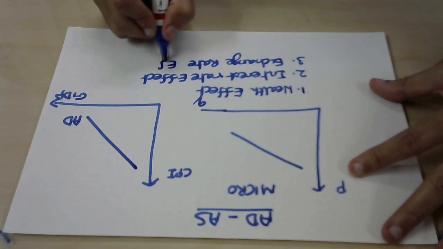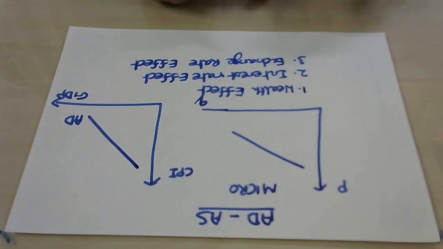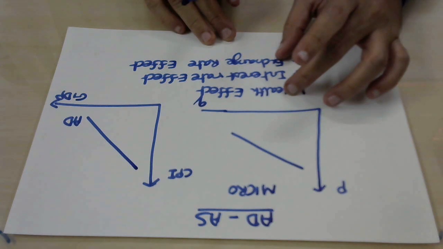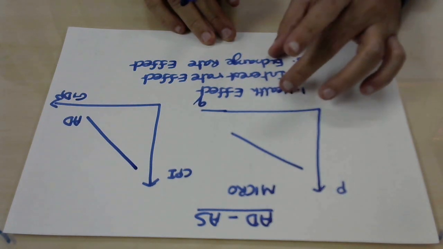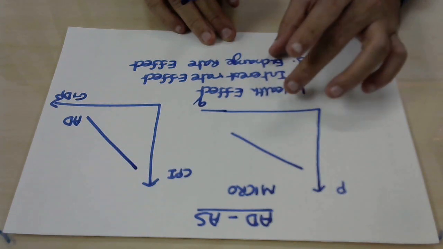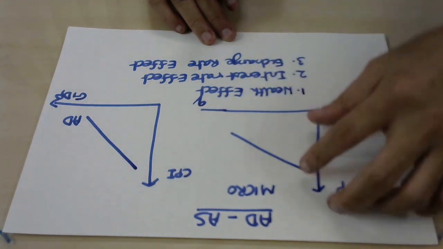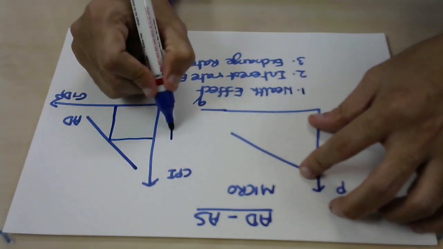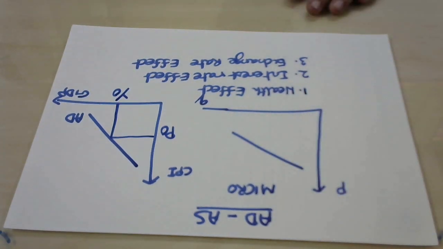Now let us discuss each of these in some detail. Each of these three effects brings about how GDP behaves when the overall price level or the average price level undergoes a change. Suppose initially the price level was P0, which corresponded to an output level of Y0.